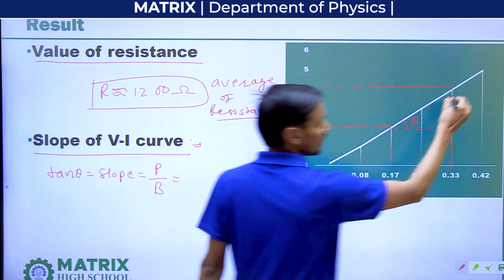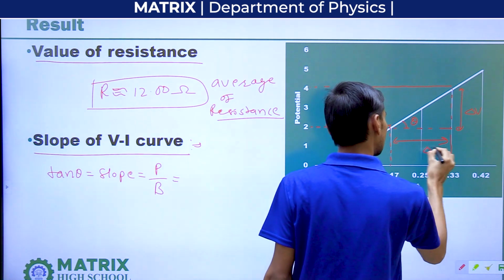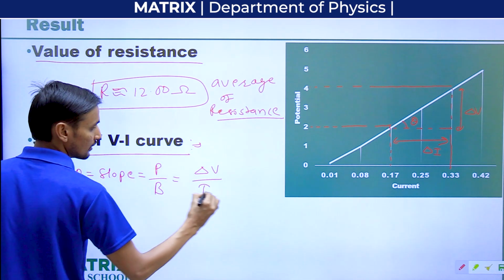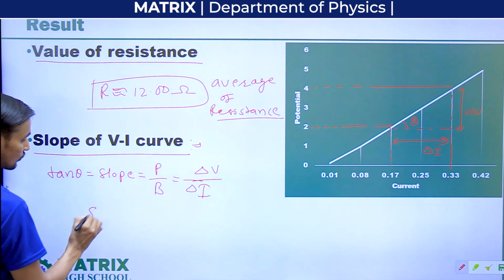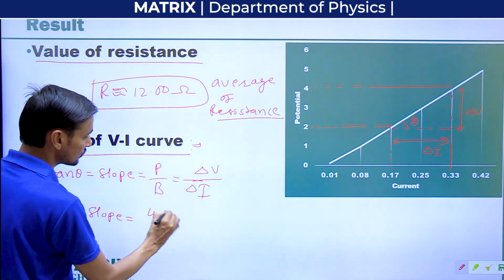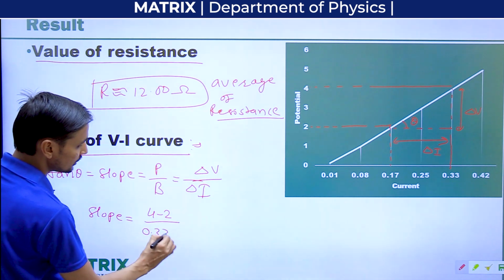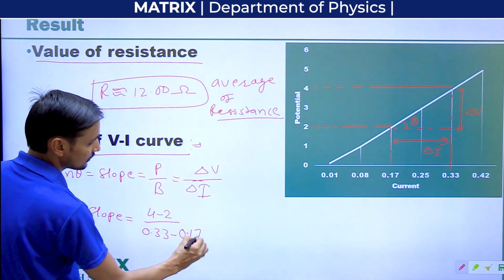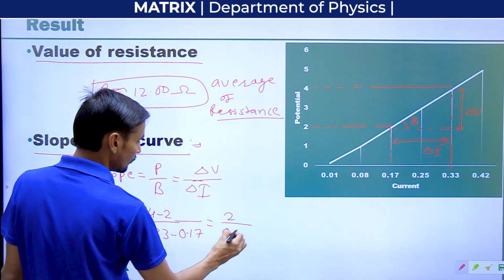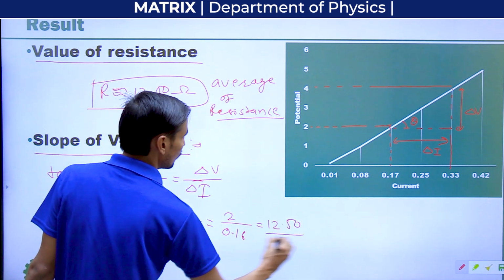Perpendicular will come out delta V, and base will come out delta I. So slope equal to delta V upon delta I, that means (4 minus 2) divided by (0.33 minus 0.17), that is equal to 2 divided by 0.16, and that will come out 12.50.